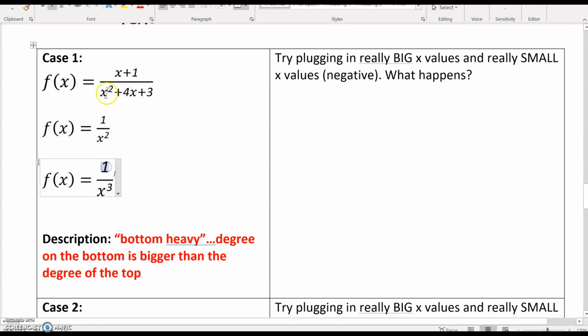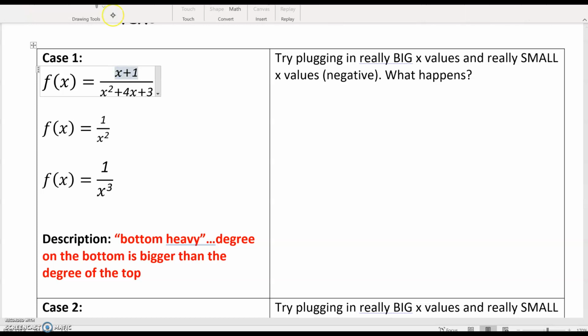X to the third has a higher degree than 1. X squared here has a higher degree than just x. And anytime the degree is going to be bigger on the bottom, the horizontal asymptote will always be at y equals 0, aka the x-axis.